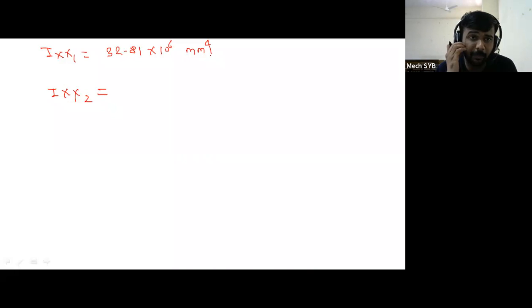Y bar calculation is simple. Now these calculations are very, very important. For Ixx1, we have the formula B1 D1 cube divided by 12 plus A1 in bracket y bar minus y1 bracket square. And for Ixx2, B2 D2 cube divided by 12 plus A2 in bracket y bar minus y2 bracket square. Do the calculations and send your answers in the chat box.